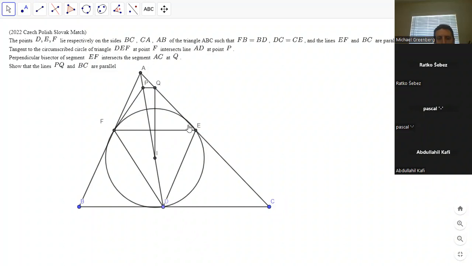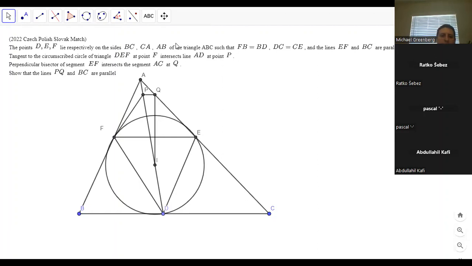So we could draw the circle, because basically, well, no, that would pass through A then. Okay, so basically, we have BF equals BD and CD equals CE.